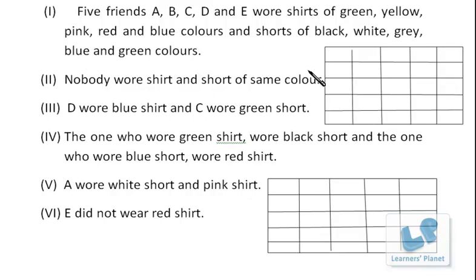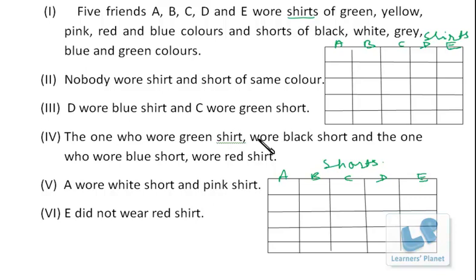So let's make the two tables. Now let's fill up the table. In this particular table we take shirts, and in this table we will take shorts, right? Now we have 5 people, that is A, B, C, D and E, and here also A, B, C, D and E, right?